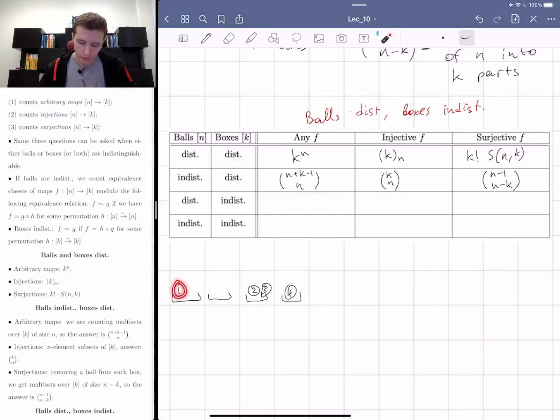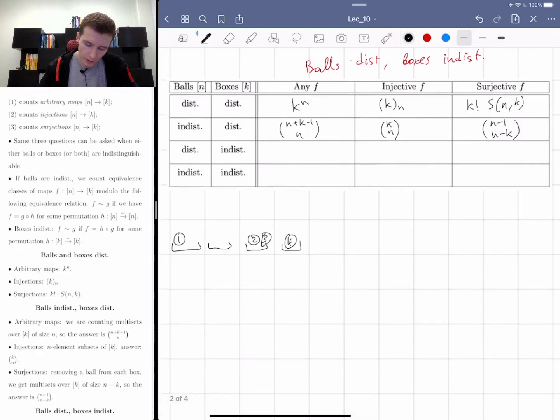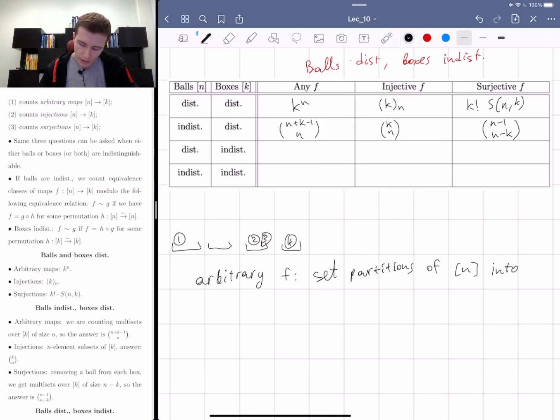So if they all were non-empty, then it would have been literally the Stirling number. But some boxes are allowed to have no balls. So in case of arbitrary f, you count set partitions of bracket n into at most k parts.